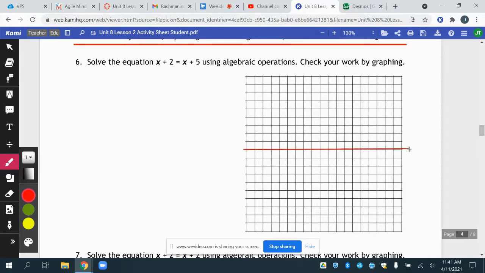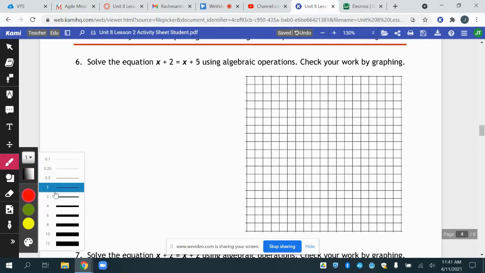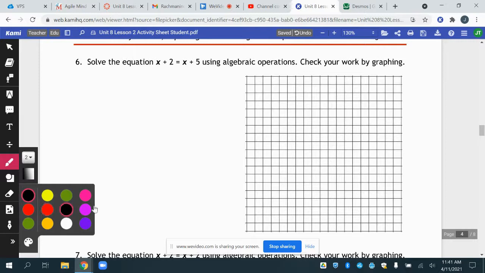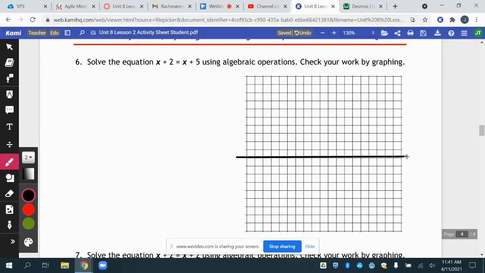So when they're saying check by graphing, they're asking you to think of these as two separate lines. Actually, I'll make this one black and I'll make it bigger. There. So I got this line. I got this line.